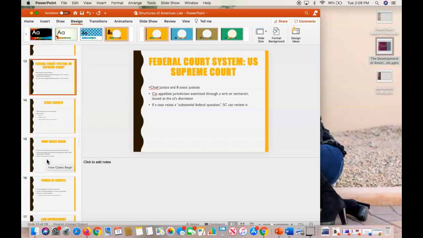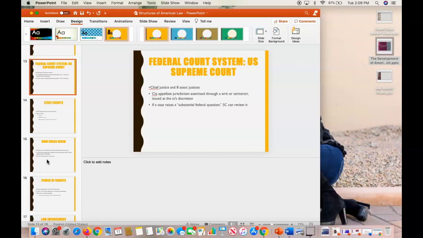The U.S. Supreme Court is made up of a Chief Justice and 8 Associate Justices. The court's appellate jurisdiction, which means the court can hear the case on appeal, is exercised through a writ of certiorari issued at the court's discretion.